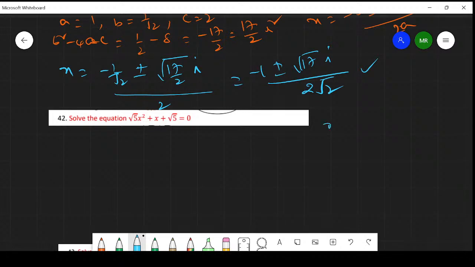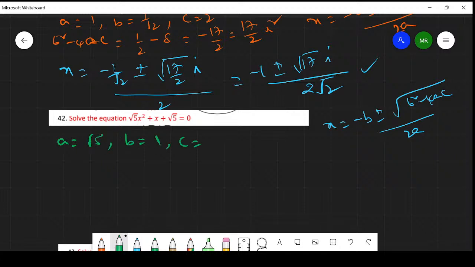Same thing. Again the formula x equal to minus b plus or minus root of b square minus 4ac by 2a. Now you take the value of a is equal to root 5, b is equal to 1, c is equal to root 5. Take the discriminant, b square minus 4ac. b square is 1 minus 4 into root 5 into root 5. It will be 1 minus 20, since root 5 into root 5 is 5 and 5 fours are 20.